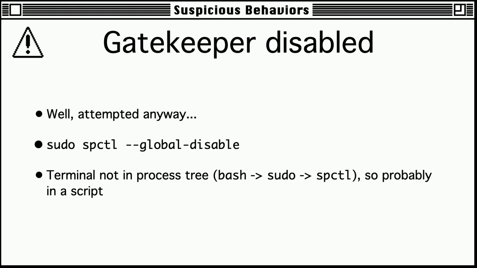And they're using spctl to try and disable Gatekeeper. Try. On modern macOS, this doesn't work anymore, but still, it's an old tried and true technique that some hackers use in their malware. It's also something that your average user may just go on Google and find this and type it in.